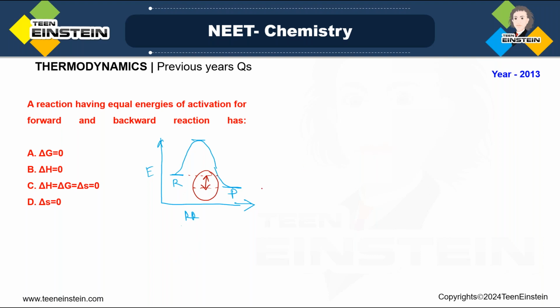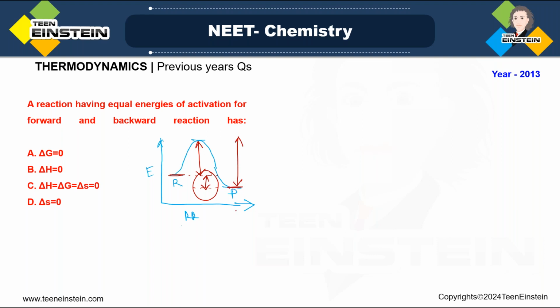But suppose I am having both R and P at the same position, then what will happen? Del H will be negative. Now in this case, it is mentioned that the activation energies for forward and backward are given. This is the activation energy for the forward reaction, right? And if you consider the activation energy for the backward reaction, as if you have started from P and are reaching R, then this should be your activation energy.